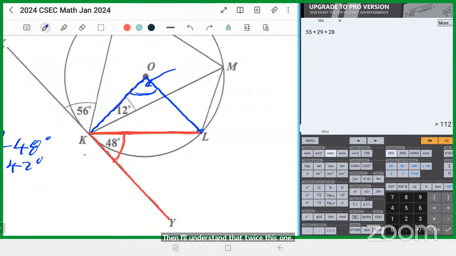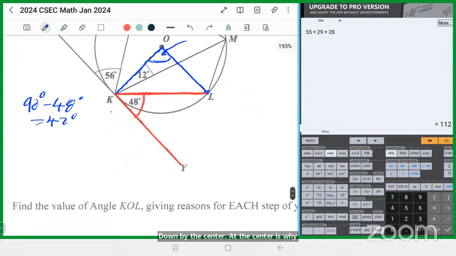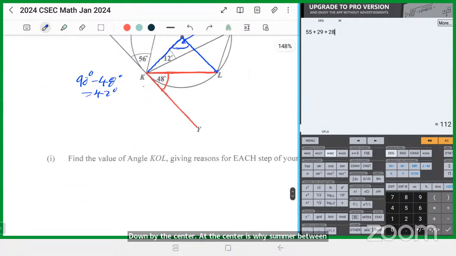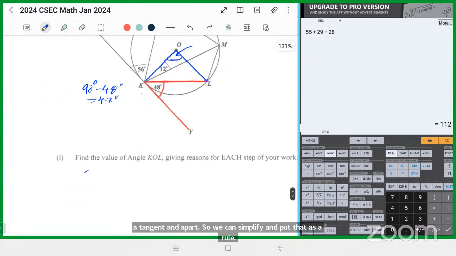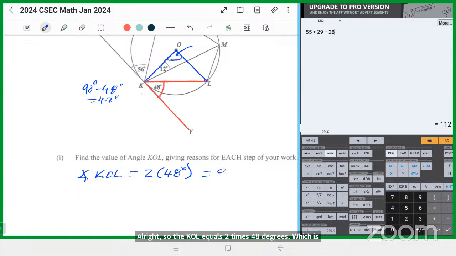So the angle between a tangent and a chord is half the angle at the center, and the angle at the center is twice the angle between a tangent and a chord. We can simplify and put that as a rule. So the angle that we want, angle KOL, equals 2 times 48 degrees, which is 96 degrees.